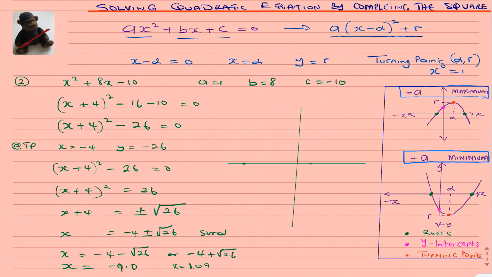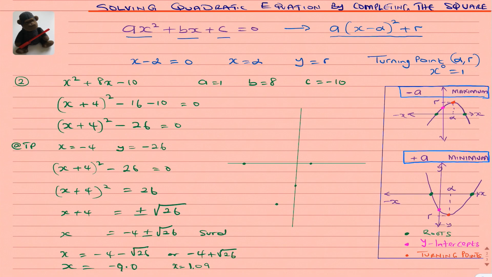The turning point is x is minus 4, and y is minus 26. So it's further down here somewhere. And the intercept on the y-axis is c, and c is minus 10. So let's just leave that there somewhere.